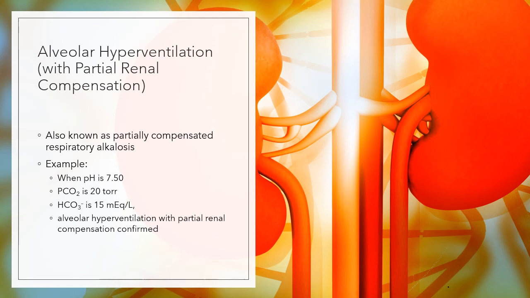Notice that the pH is greater than 7.45 and that the PCO2 is less than 35. Bicarb is also less than 22. Alveolar hyperventilation with partial renal compensation, it's just starting to help, is confirmed.